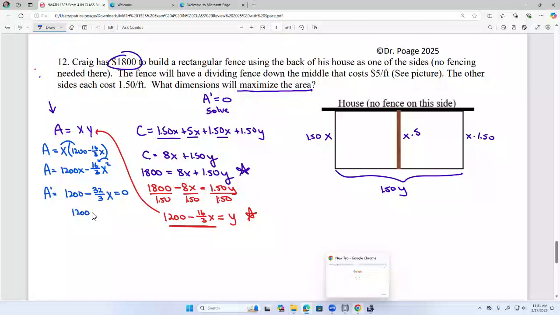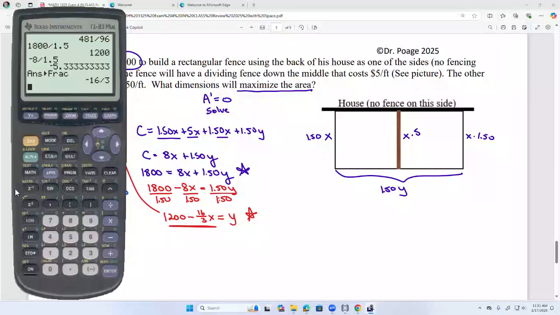So I have 1,200 equals, I'm going to add this to the other side. Solving for x, I'm dividing both sides by 32 over 3. This is where I will go back to my calculator real quick.